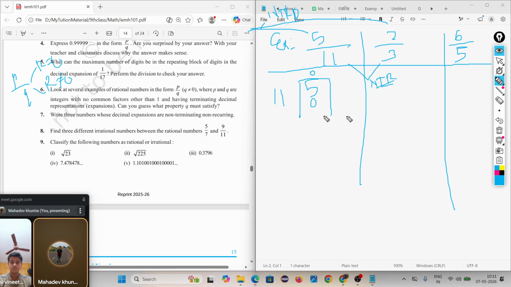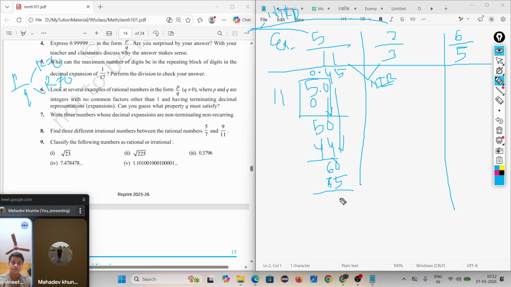11 into 0, 0. 5 decimal 0, 50, 11 4 is 44. 6, 60, 11 5 is 55, 5. Again 5.